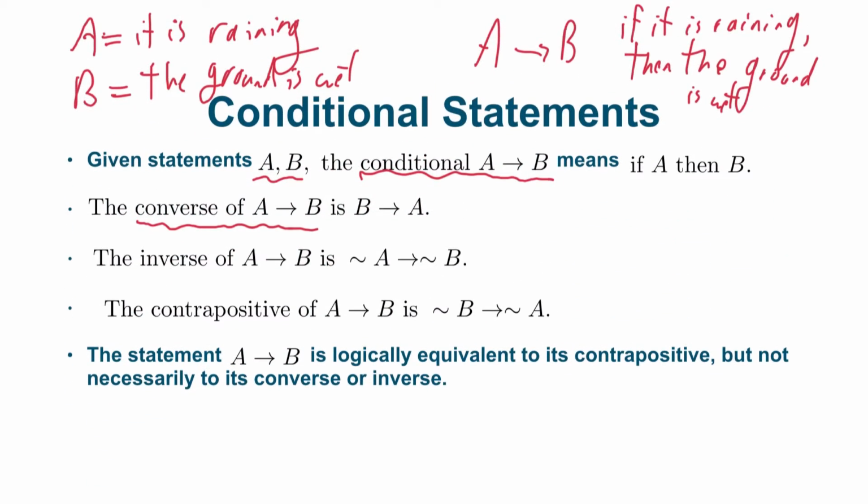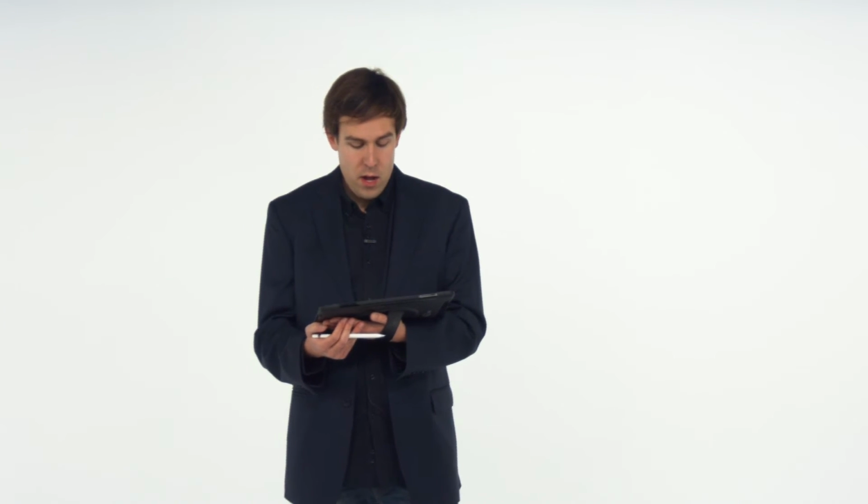The inverse is when I negate both A and B. So the inverse of A implies B is not A implies not B. In this case, the inverse of our conditional would be, "if it is not raining, then the ground is not wet." We will establish in a moment that the converse and the inverse do not have to have the same logical truth or falsehood as the original statement.